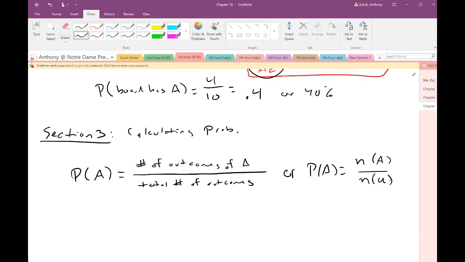Or if you prefer the more set notational definition, you can say it's the cardinality of A divided by the cardinality of the universal set, or the sample space, really is what you're talking about.